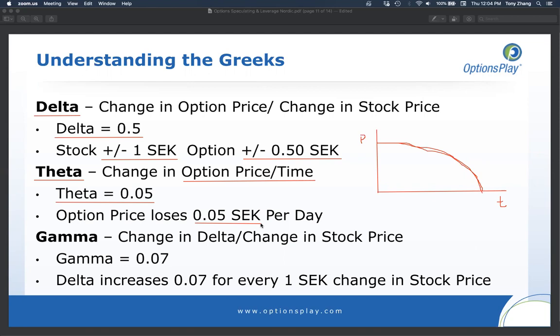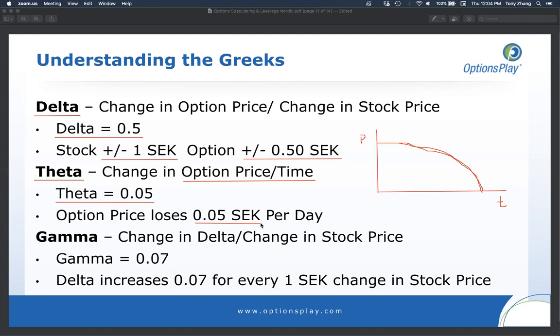But delta and theta really affect what expiration dates you should choose when buying options, what expirations when selling options, and vice versa. What strike prices should you buy and what strike prices should you sell? It's really important to understand these concepts before we explore those best practices.